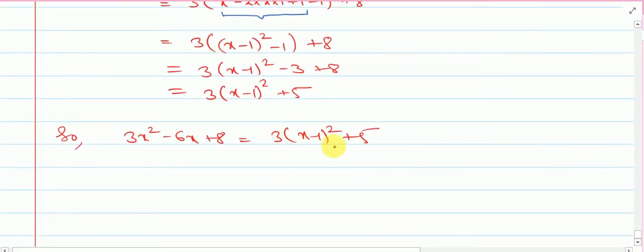Now we can easily decide for what value of x this whole thing will be minimum, and what will be that minimum value. Here you can see this will be always positive, yes, because we are taking a square. This is also positive. If you take two positive numbers and you add, obviously you will get more than, like 2 plus 3, you will get 5.